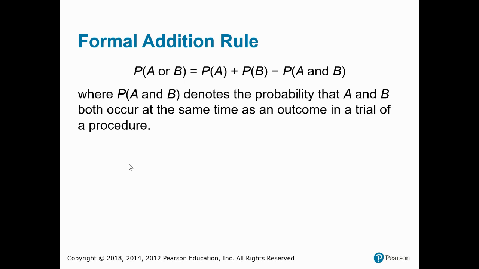So how many 3s are there? There's 4 of them. So probability of a 3 or a heart. All right? So that's what we're working on here. So probability of a 3 plus probability of a heart minus the probability of what? The heart and the 3.